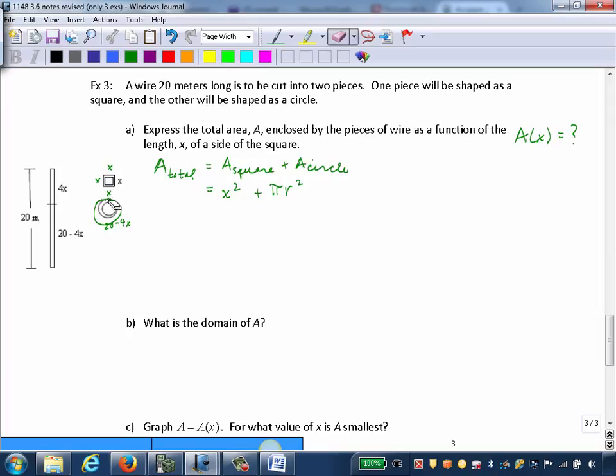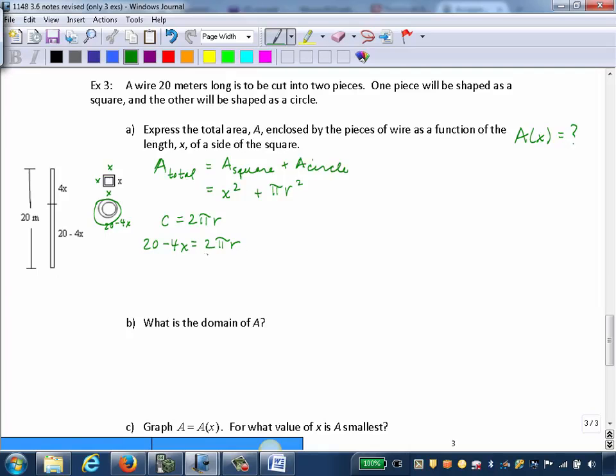Okay, so let's back up. We know something about the circumference of this circle. 20 minus 4x is the circumference. So let's back up. Circumference, recall, our formula is 2 pi r. So we can substitute in here for our circumference, 20 minus 4x is our circumference in this case. Sorry, I forgot my x on here. Oh, and it's not 40x, it's 4x. So I can solve this expression now for r and substitute it back in here.